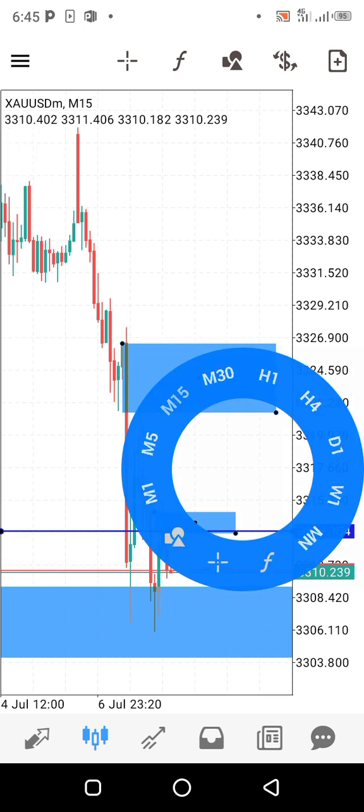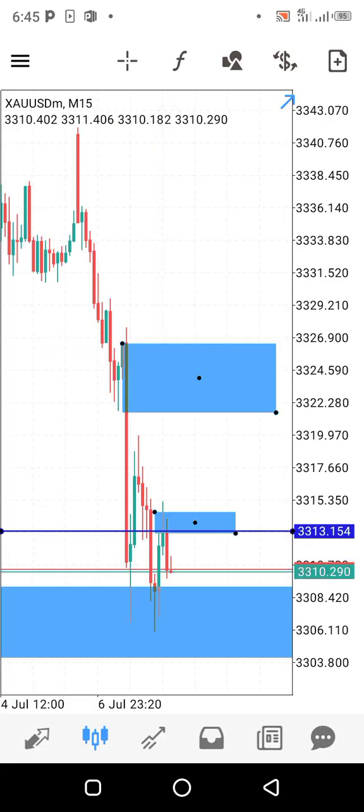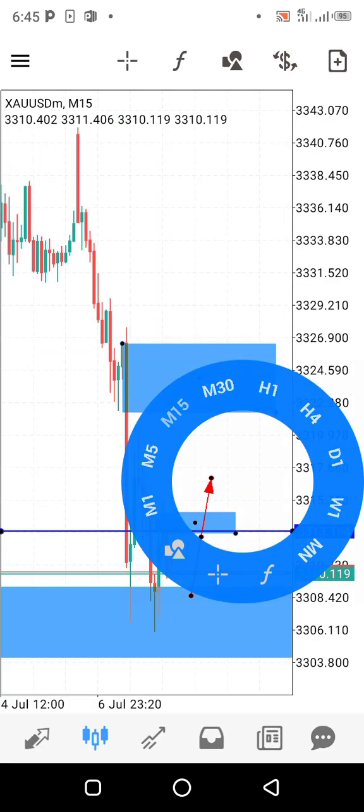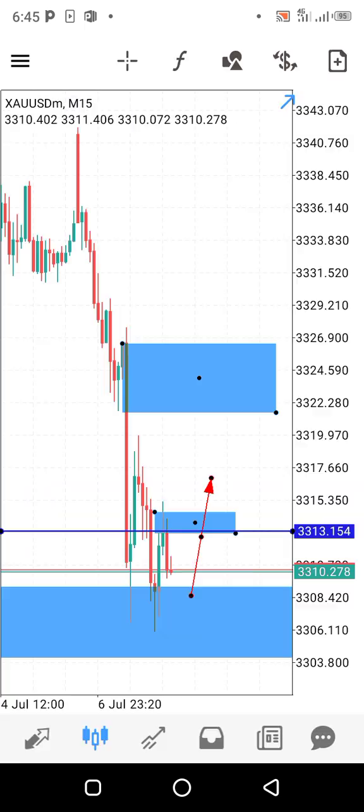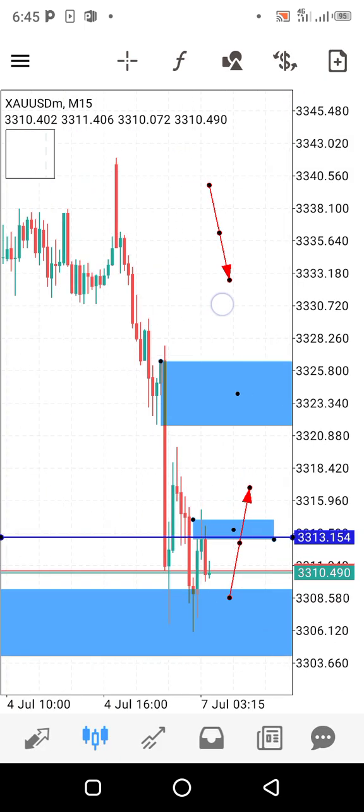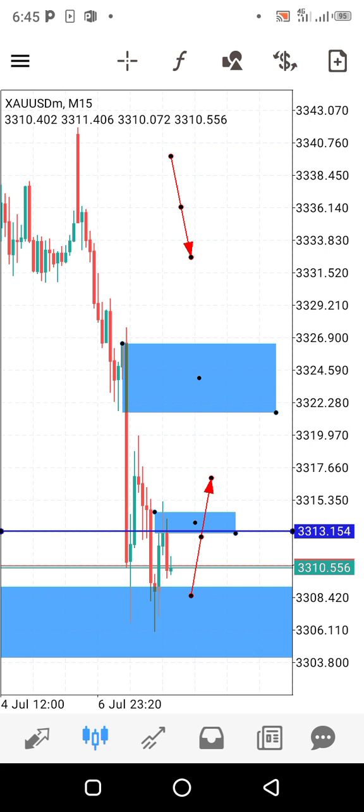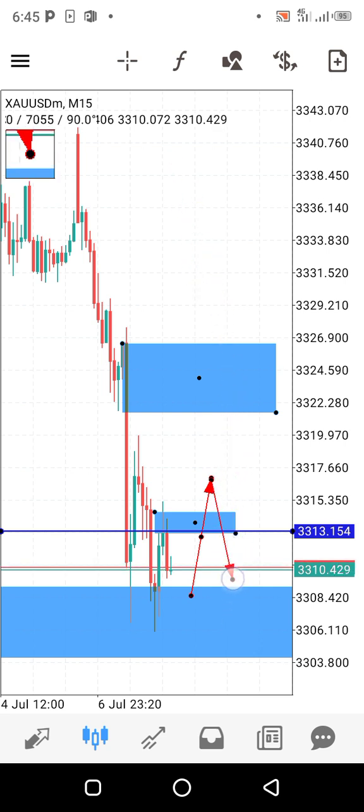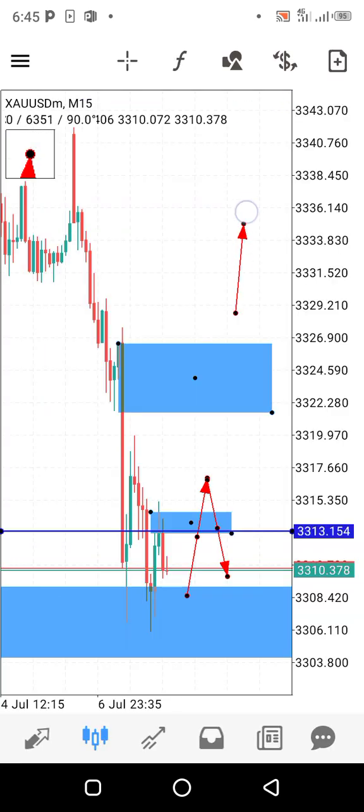If price is able to break here, then it has potential to experience some bit of a pullback, and then afterwards you can take your buys up to this demand area.